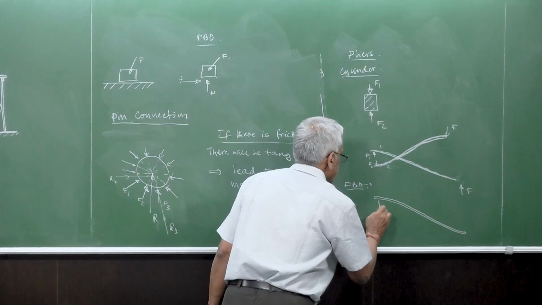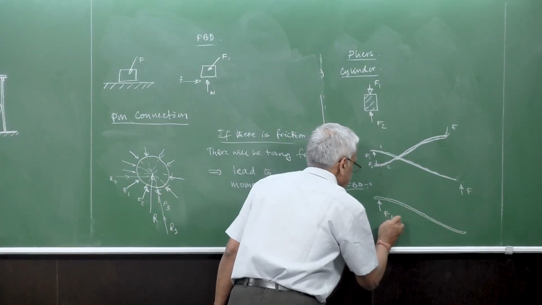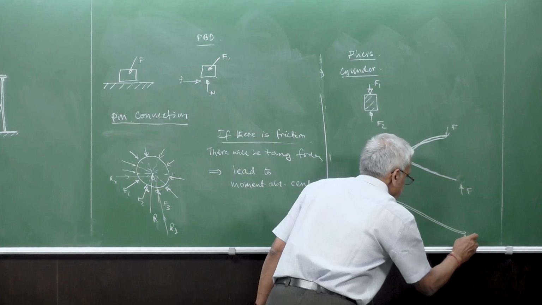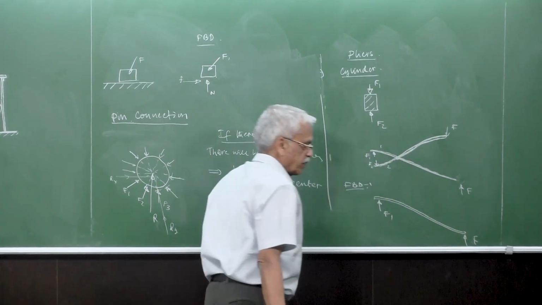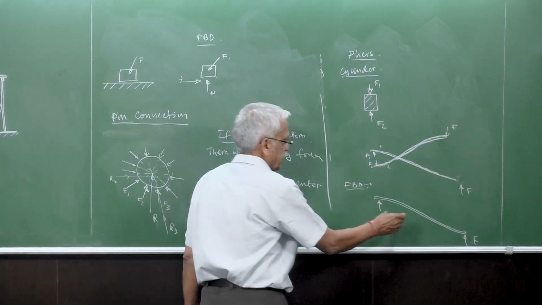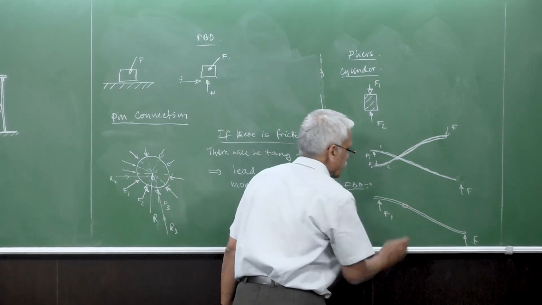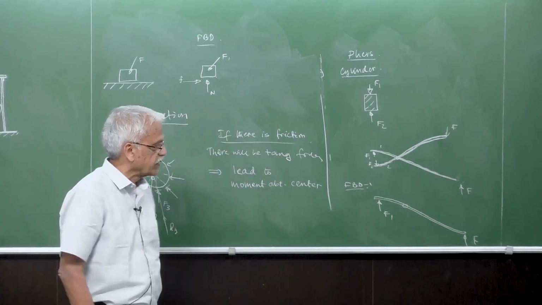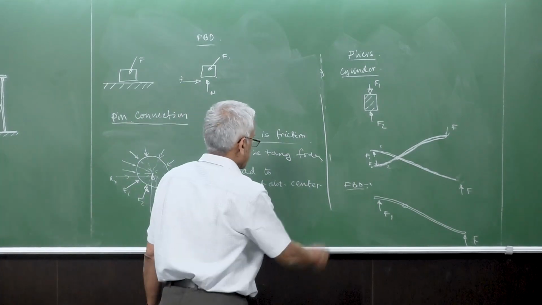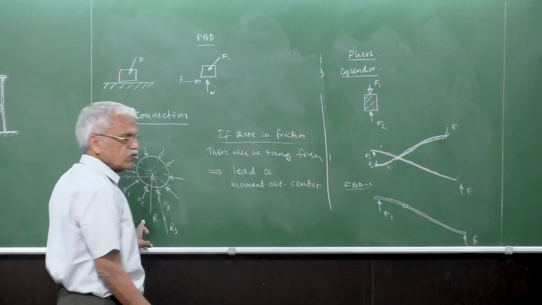So what is that? There is a force F1 here. There is of course an applied force by the gripping action. If we are isolating this one, and it is a well lubricated pin, we can say that there is only one force.